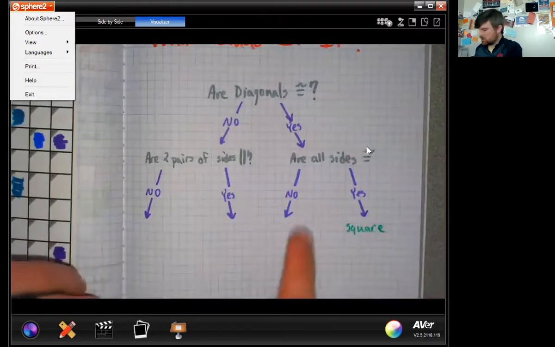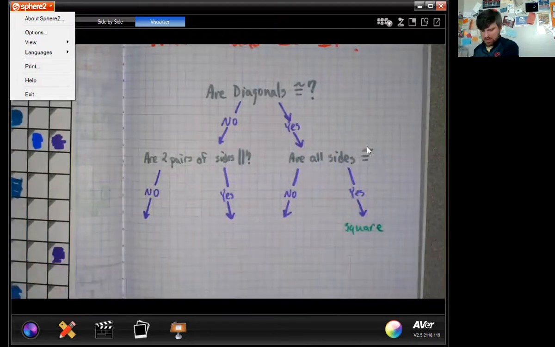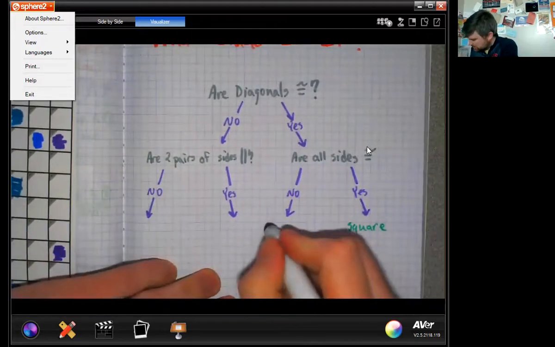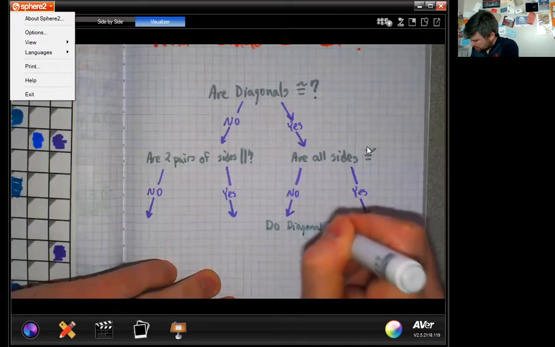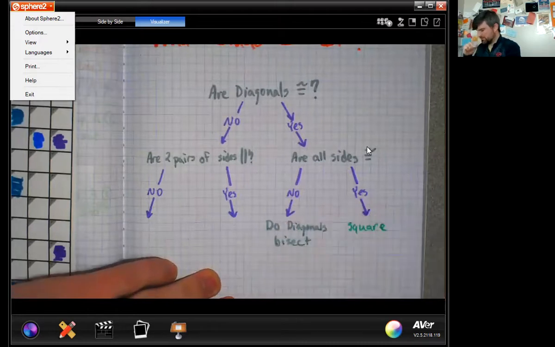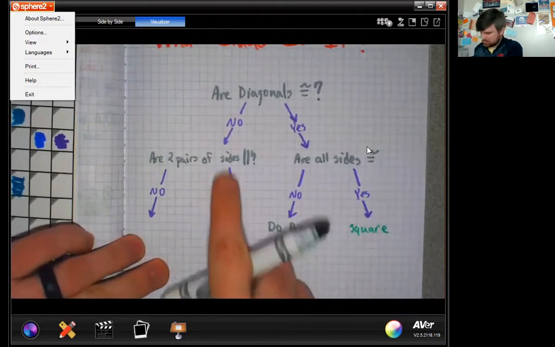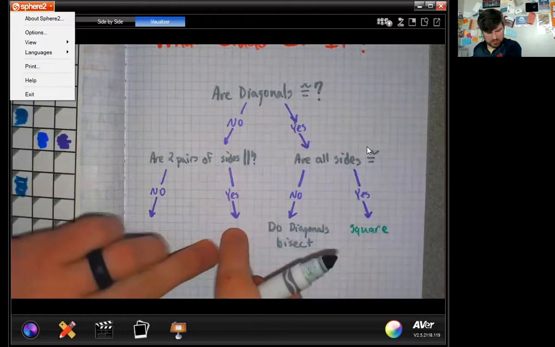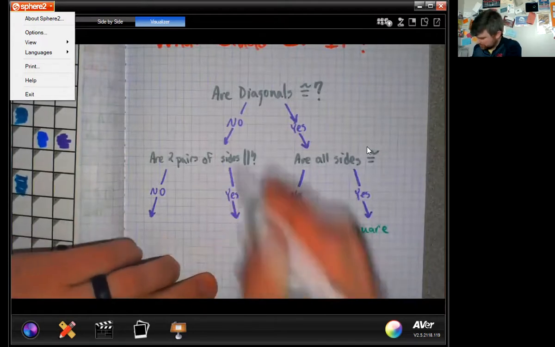If you answer no to the sides being congruent, I got another question, and that is, do diagonals bisect? Over here, if you answer yes, okay, yes, I have a question as to, are all sides congruent?